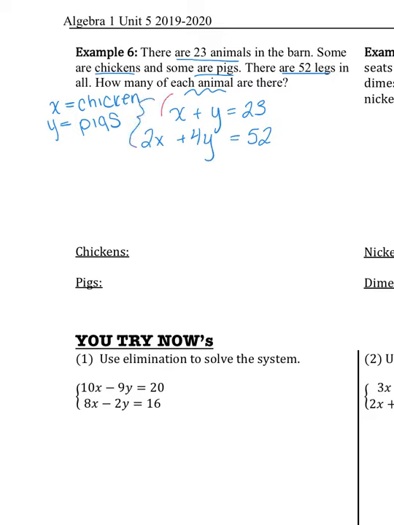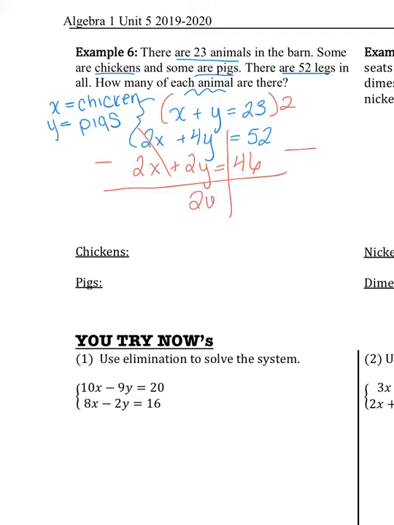Now I can easily manipulate the top one by multiplying by 2, and I get 2x plus 2y is equal to 46. From here, I'll go ahead and subtract, because that's how my x's cancel, and I get 2y is equal to, looks like 6. Let me just double check. I'm doubting myself today. Nope. 52 minus 46, yep.